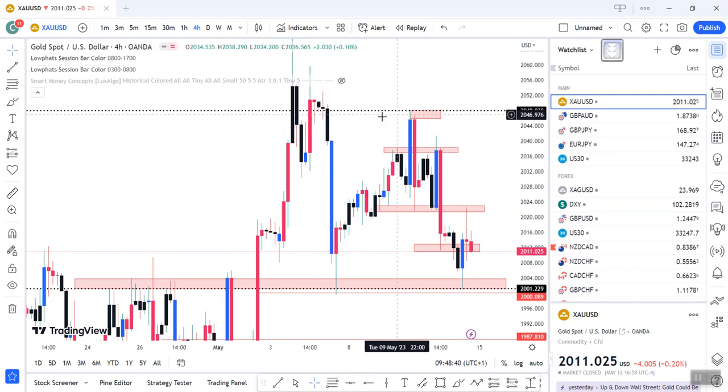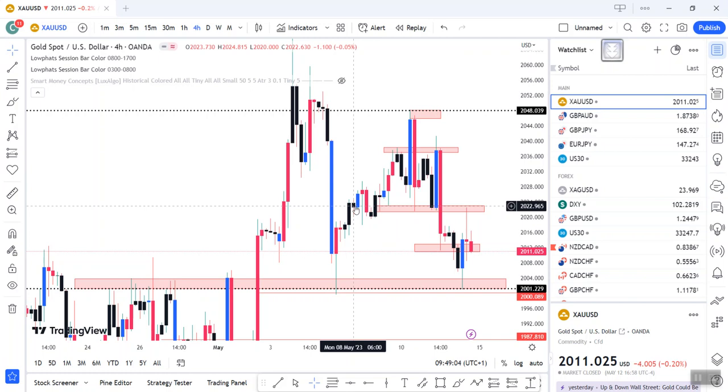This is a 4 hour time frame, and in this chart, I deliberately marked the three major sessions. We have the London session, the US session, the Asian session, and the Tokyo session.